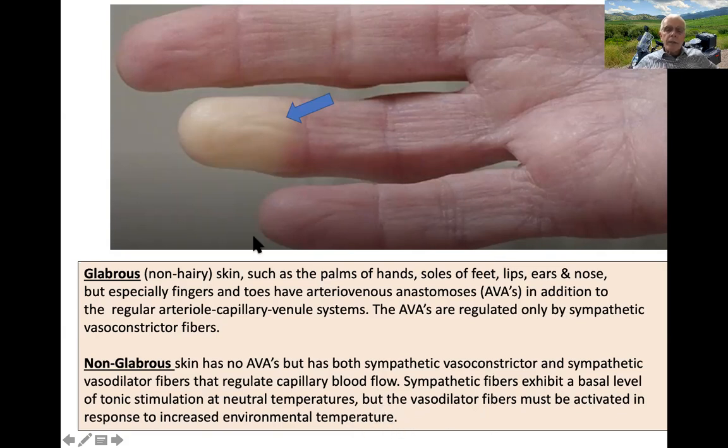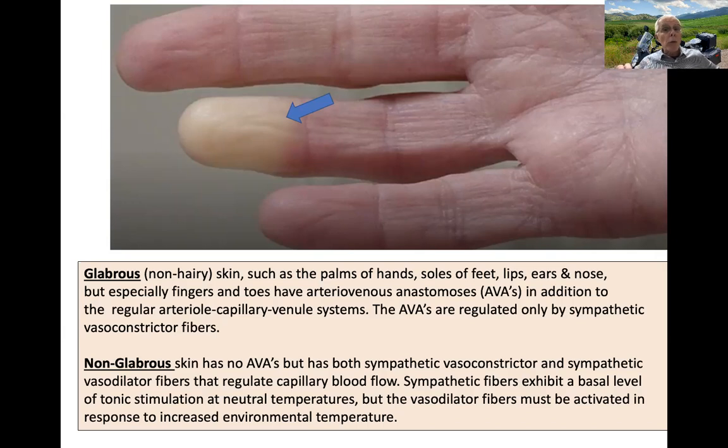And again, that's worth pointing out because if you go into clinical medicine and you're exposed to somebody with Raynaud's phenomenon or Raynaud's disease, they have a heightened sensitivity to sympathetic stimulation, okay? You and I don't have Raynaud's phenomenon, but the AVAs, for example, in my fingertips are partially constricted already in response to sympathetic activation of the smooth muscle around those vessels.